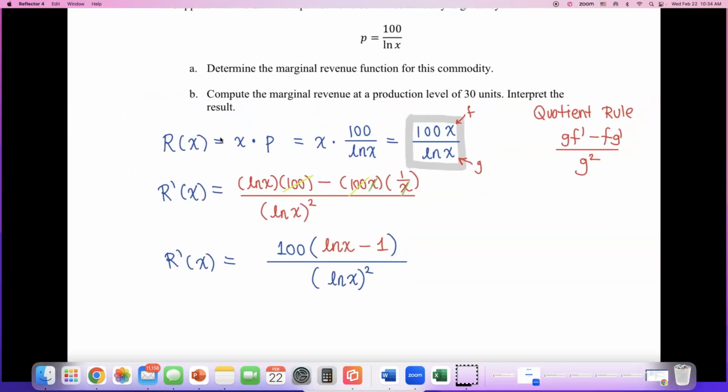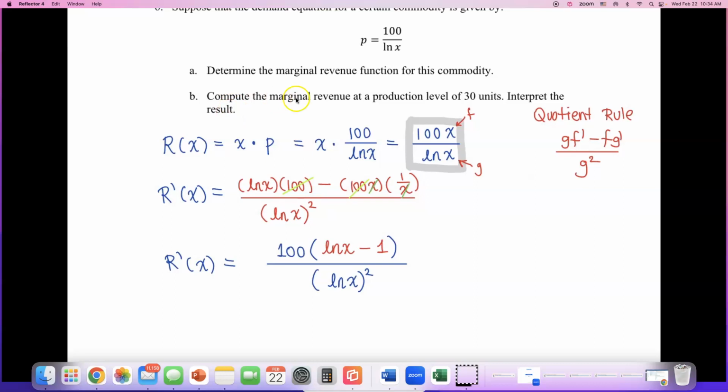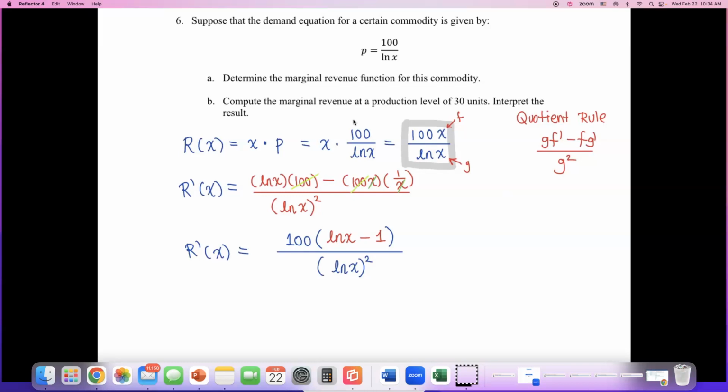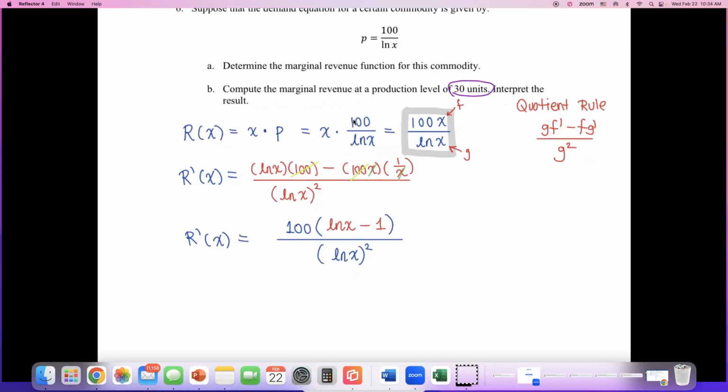Now they want us to compute the marginal revenue at a production level of 30 units. Interpret the result. Finding it is easy. We just have to plug that number 30 units into R prime of x. So let's do that.